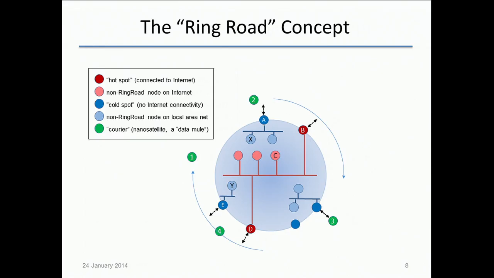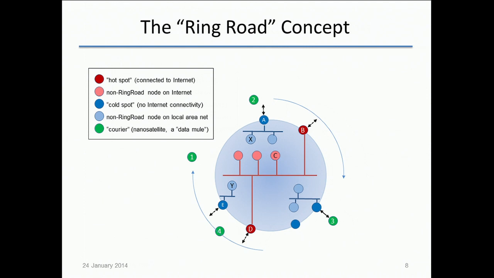That is, these are nodes of this nanosat-based infrastructure that are connected to the internet and are also able to intercommunicate with the satellites. The satellites are the green guys that are termed couriers in this architecture. The dark blue guys are cold spots.